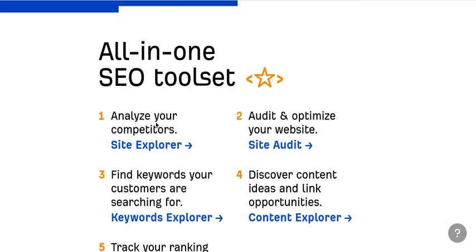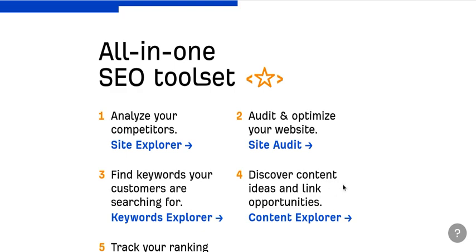Now, this is what this tool gives you as a starter, or if you want to use the tool as a beginner in 2024. It gives you analysis of your competitors. It also finds keywords your customers are searching for. It also audits and optimizes your website. It also discovers content ideas and link opportunities.